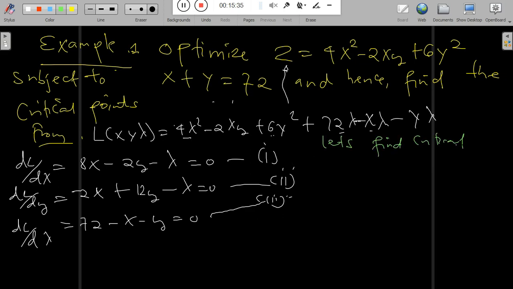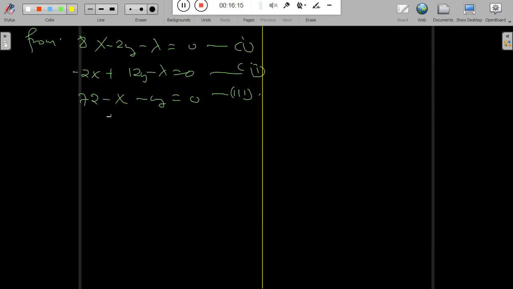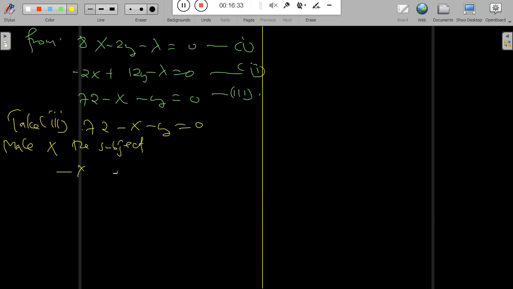Now after doing so, let's find the critical points. So let's solve and obtain the critical values, that is x, y, and λ. Taking equation 3, 72 − x − y is equal to 0.